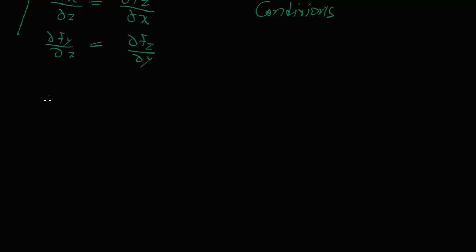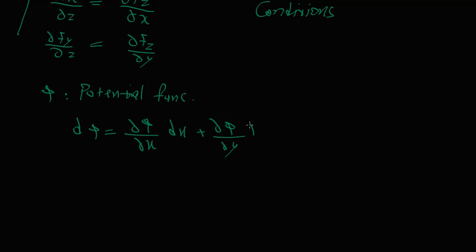For the potential function, we have a function whose differential is equal to force dot displacement. The differential of this function is the derivative of phi with respect to x dx plus the derivative with respect to y dy plus the derivative with respect to z dz.